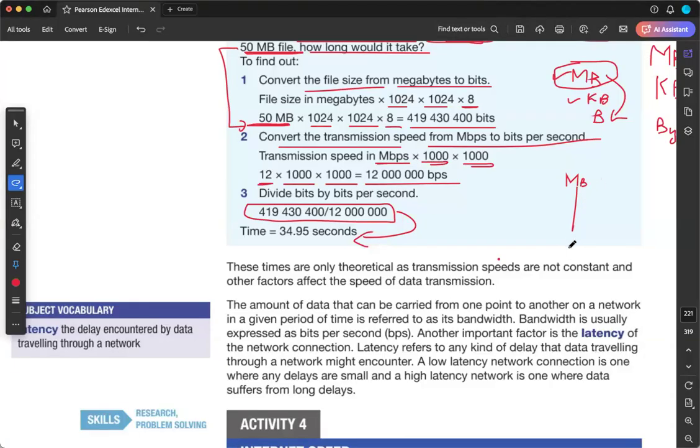Converting a big unit to a small unit, like megabyte to bits or to bytes, you need to multiply. And if you're using a small unit, let's suppose taking kilobyte and converting it into gigabyte, you need to divide the value. This is a thing you need to notice. There's a slash. This slash represents division. I'm making the division symbol for you. You must understand the way of converting.